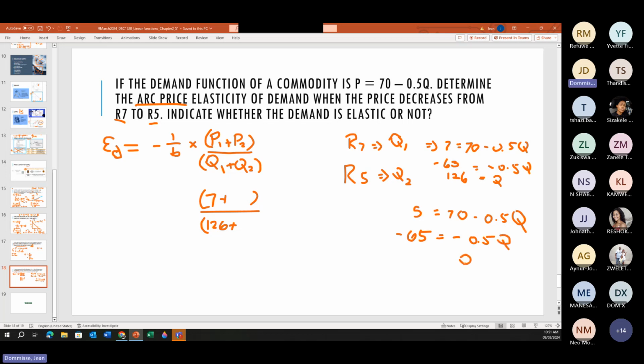So if we work out what Q is, that will be equal to 150. So where the price was 5, the quantity was 150. Okay, so that component we've done.